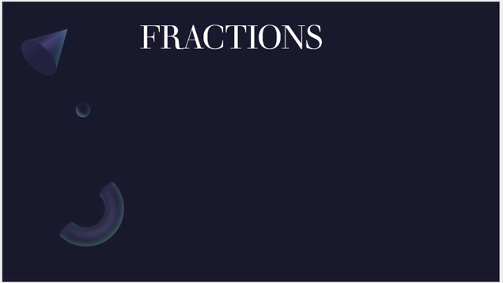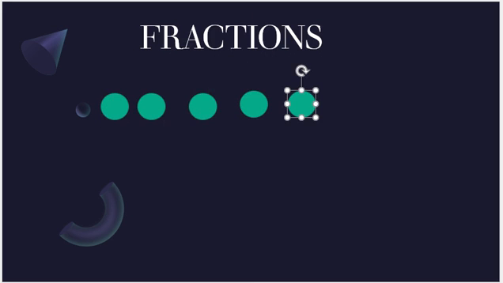Now if I consider some shapes like this, it has 5 circles, and let me color two of them yellow.